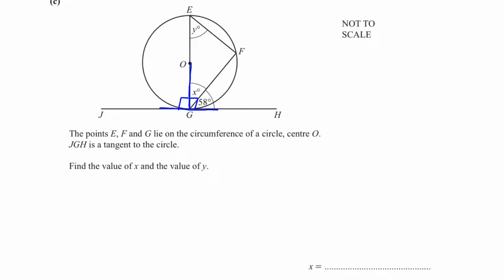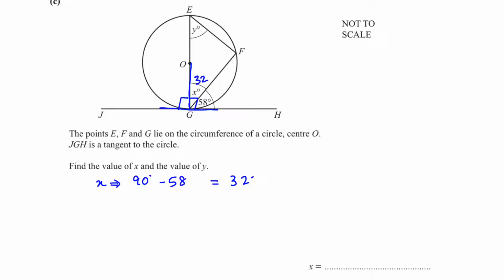To find x, we will do 90 minus 58, which will give us 32. So now we know that this is 32.